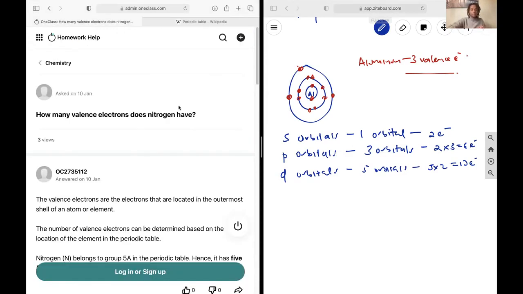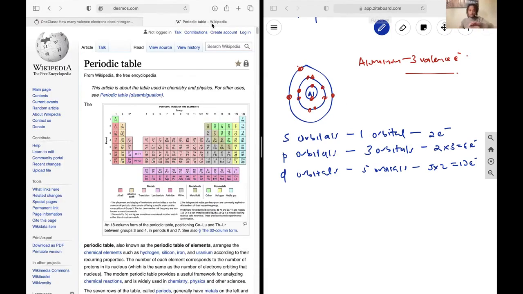For aluminum, our example before we get to this question, we'd need to write out its electronic configuration. You can use Madelung's rule or Madelung's diagram, but it's summarized quite well by the periodic table.